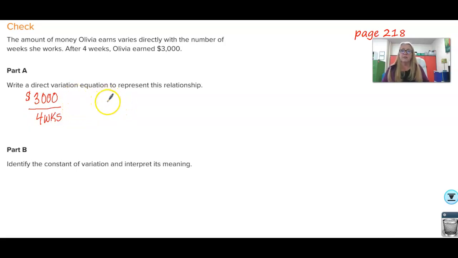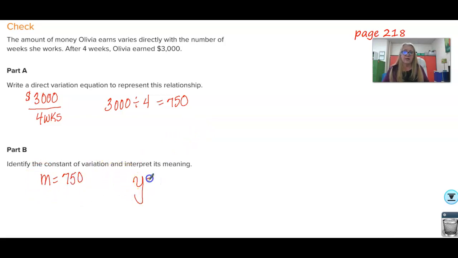All right, so we do 3,000 divided by 4, and we get 750. All right, so Olivia is earning $750 per week. Okay, so the constant of variation, or the slope, is 750. And we can write the equation, y equals 750x.